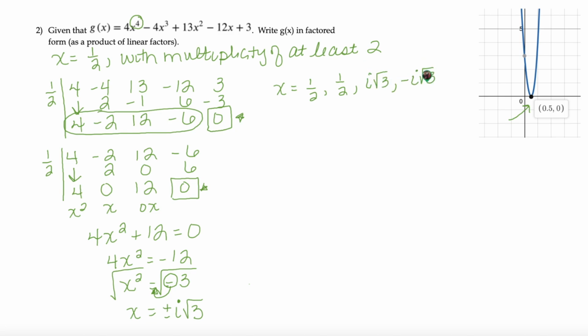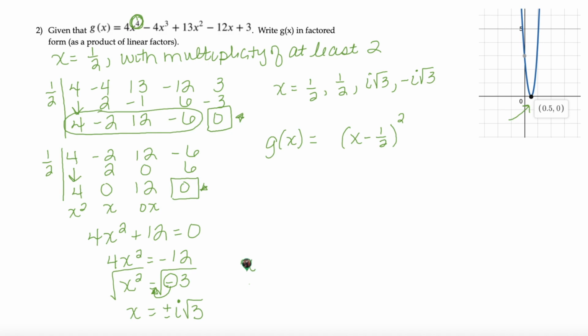So we have found all four solutions, but we still need to write it in factored form. So g of x is equal to, I'm going to leave a little space because we need to talk about that leading coefficient, (x minus 1/2) squared, because there were two of them.